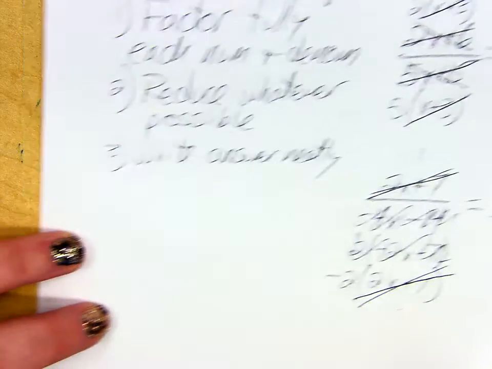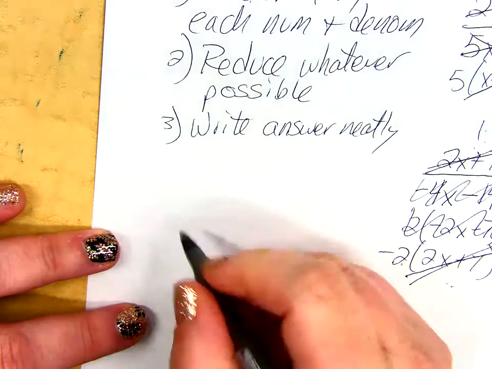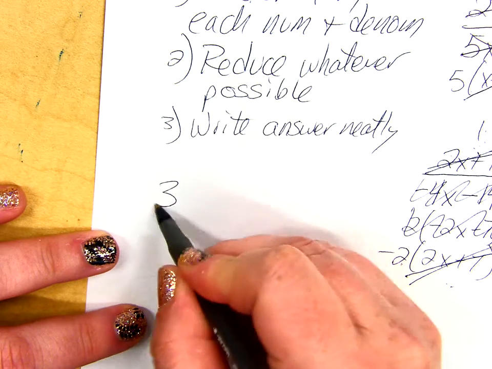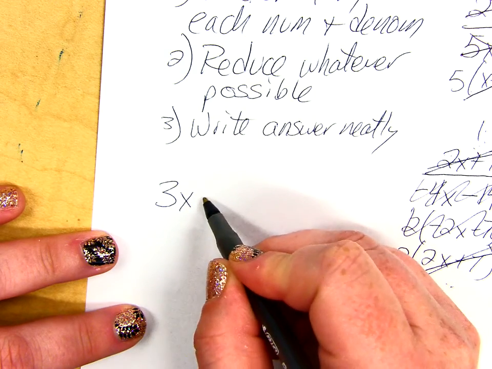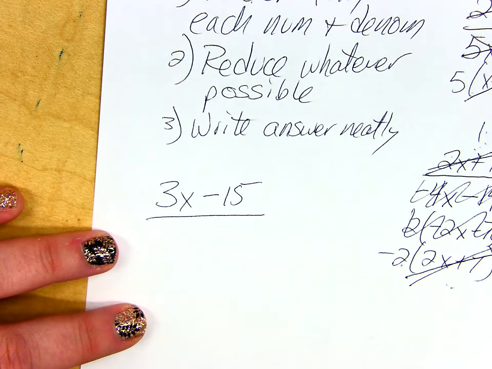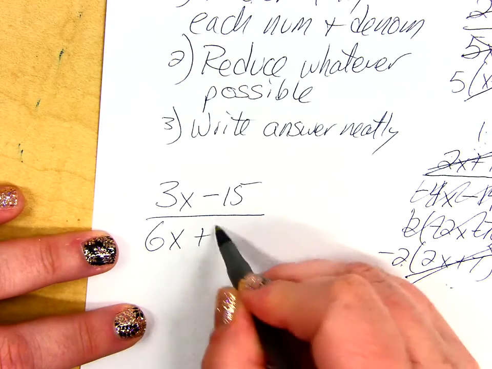What you can't do, however, is do something like this. Well, let's try this. Say you had 3x minus 15 over 6x plus 30.